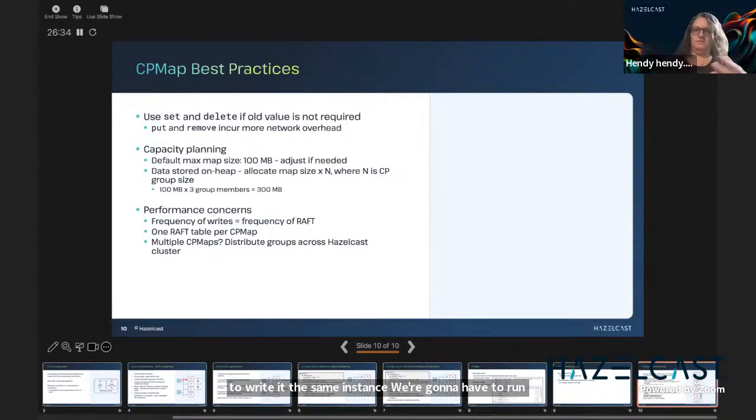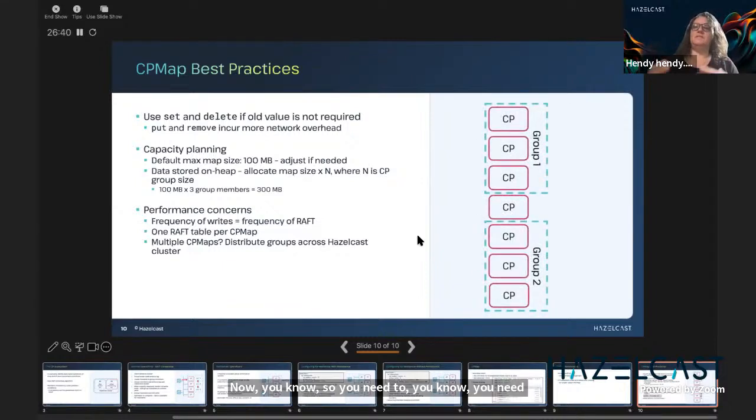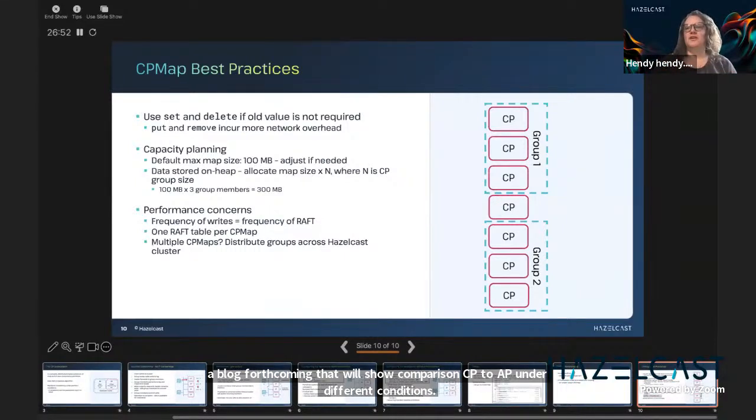So you need to make sure that you're understanding the performance implications of this. We do have some performance testing that we did. There's a blog forthcoming that will show comparison of CP to AP under different conditions. I will leave that for the performance experts. Right now, I just want you to understand that there is some overhead that's incurred.